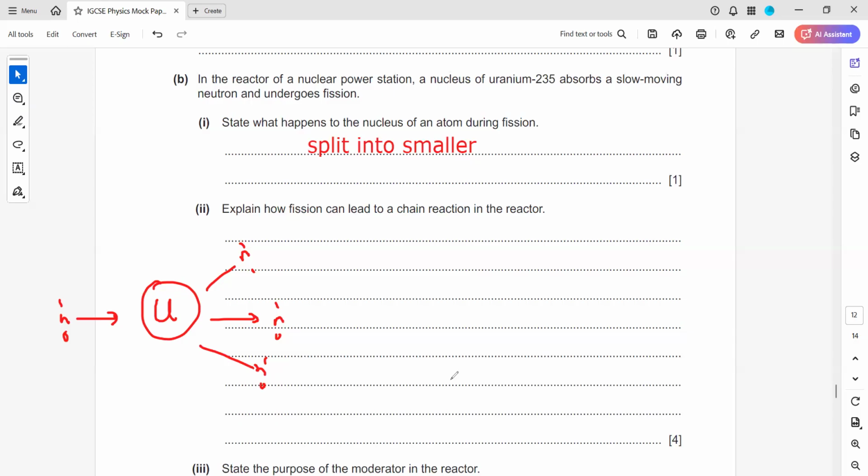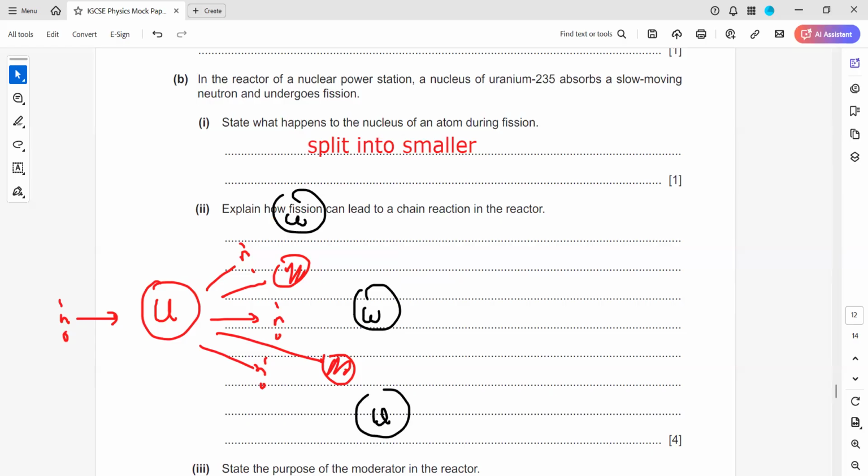Yes, you can say that as well, but what should be the structure of the answer? The uranium atom, when it is hit by a neutron, splits into lighter nuclei, smaller nuclei, and it further gives out neutrons. The neutrons released by splitting of the uranium are absorbed by more uranium in the surroundings, because you never have just one atom.